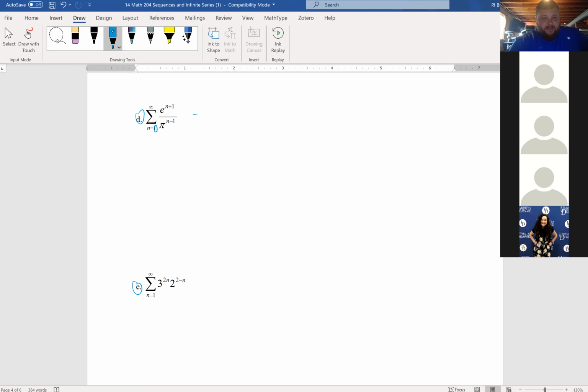So first I've got to try to get this in the correct form. So I'm going to start breaking this up. This is e to the n times e to the first. And on the bottom, I've got pi to the n times pi to the -1.